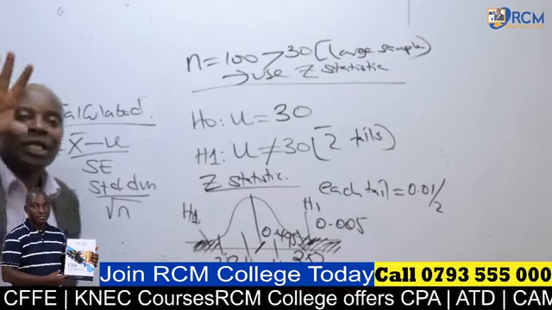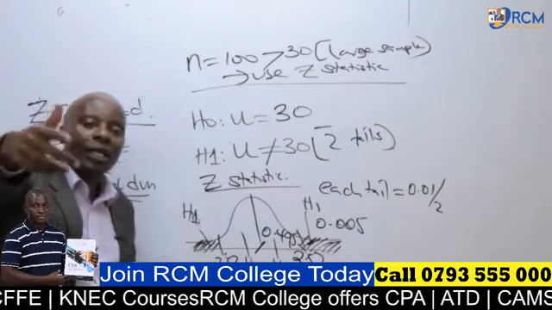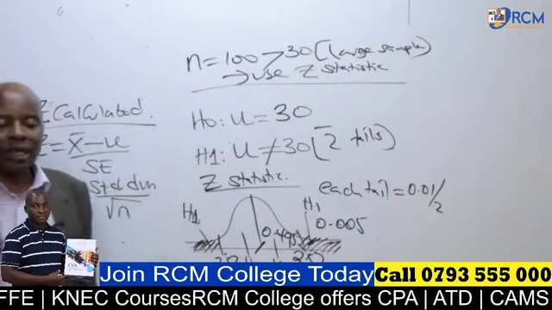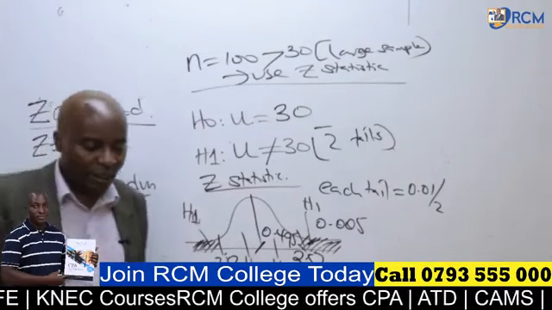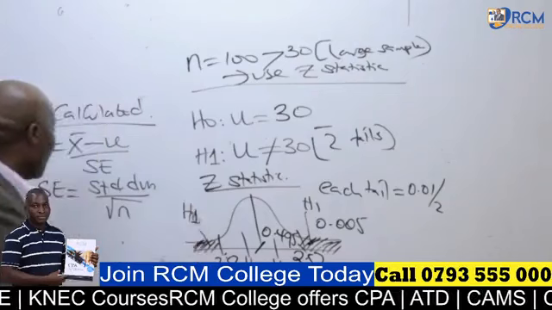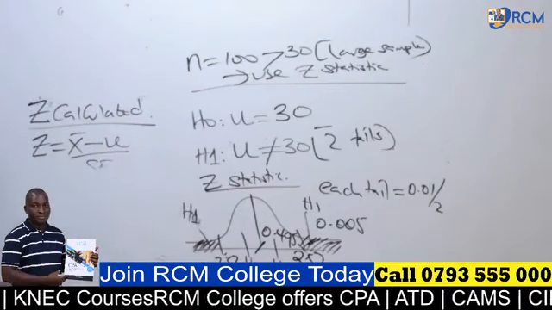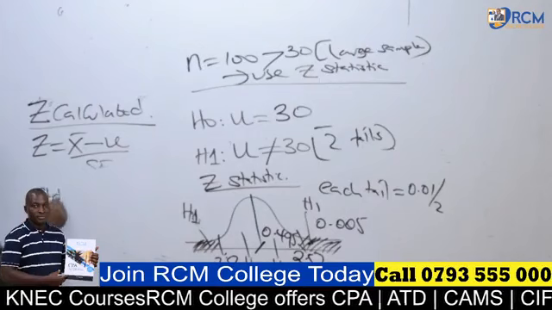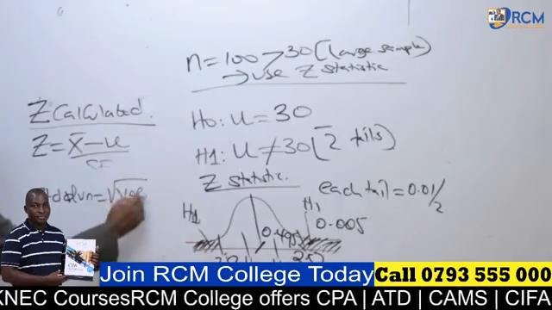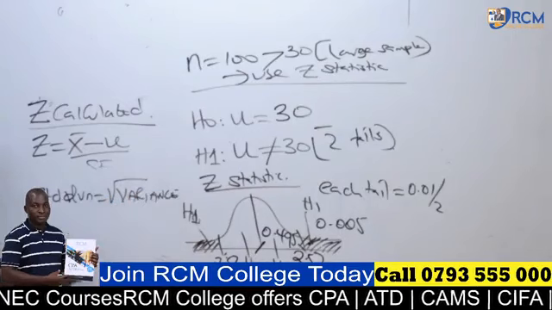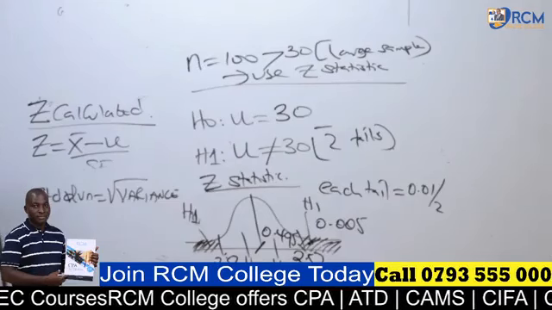But now, what is the relationship that exists between variance and standard deviation? How are they related? Lokai has told me that standard deviation equals square root of variance. Thank you very much. I can't put it any better. Standard deviation equals square root of the variance.